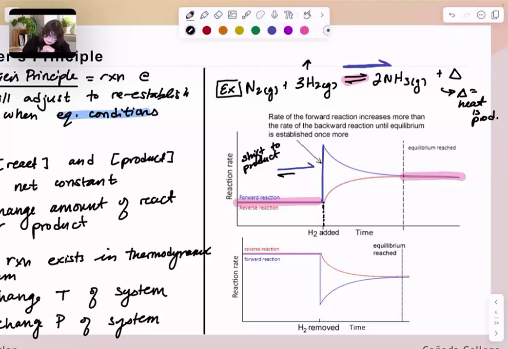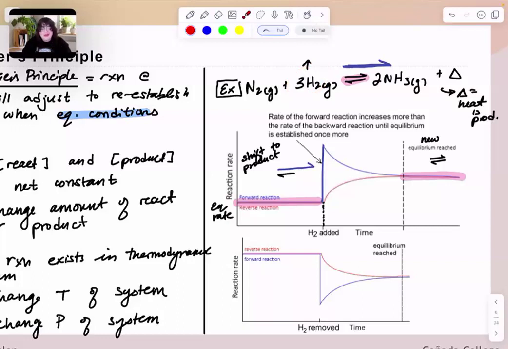If this was the initial equilibrium state, then here we have this new state of equilibrium reached where forward and reverse are happening at the same rate. But the rate at which those forward and reverse parts of our chemical reaction happen are now a little bit faster compared to before, because we've got more stuff.